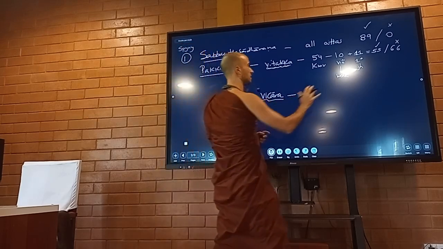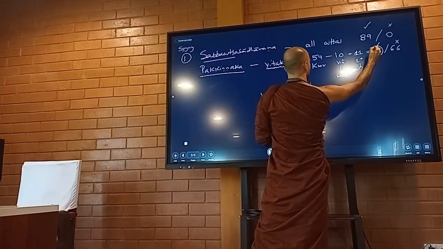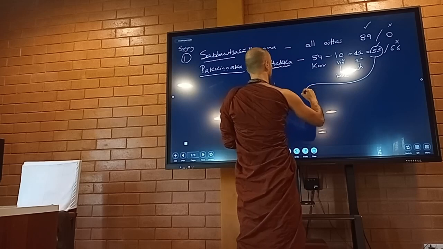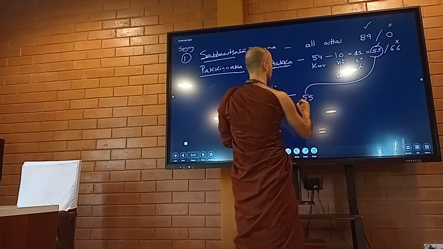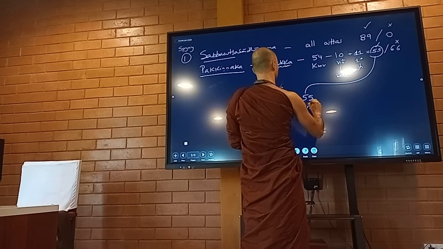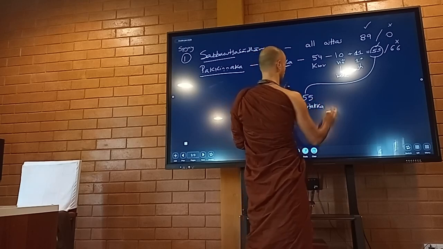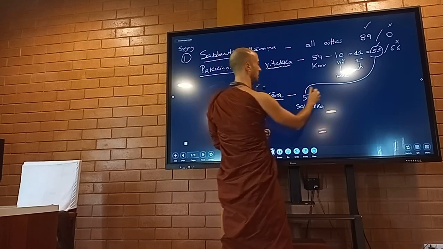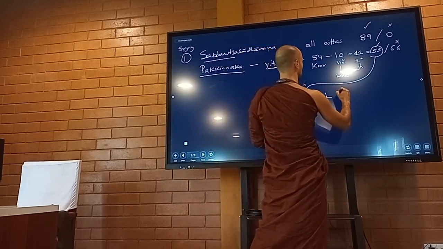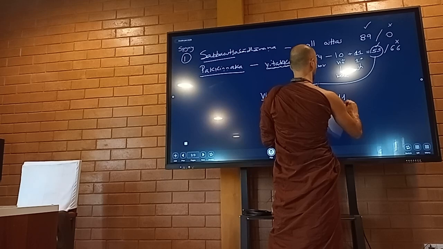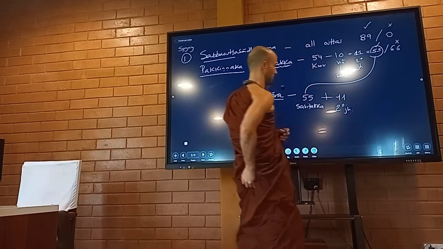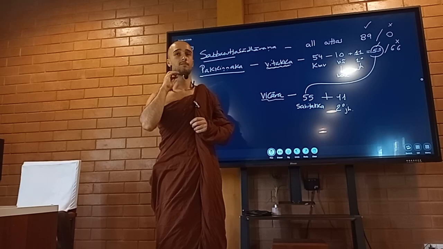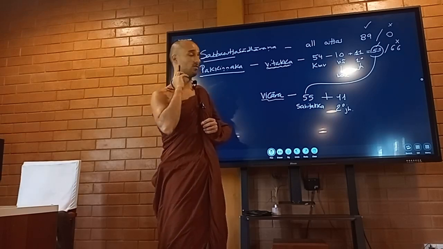So Vichara, we can say these 55 Cittas, which are called Savitakka Cittas, have Vichara, plus 11 second jhanas. You see? 11 second jhanas. Do you follow?